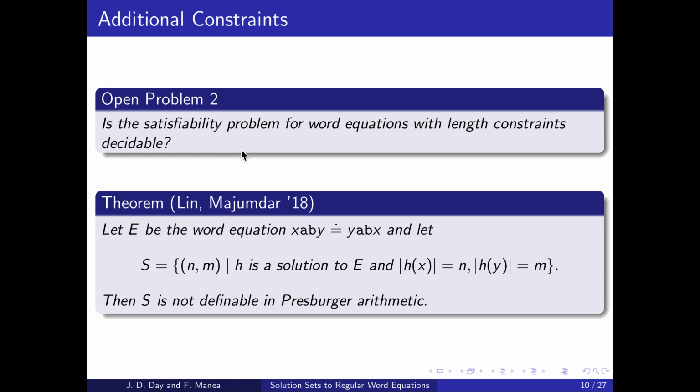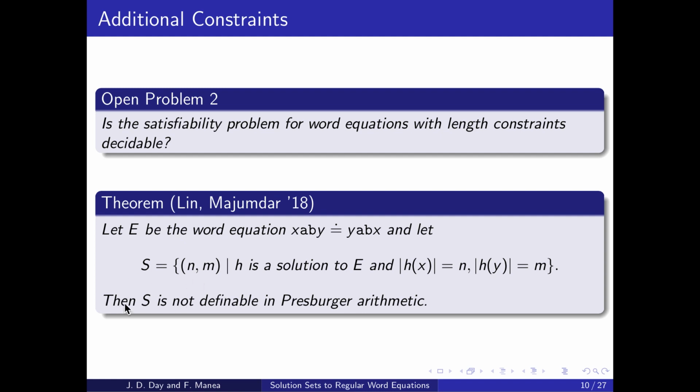So suppose we have the equation E given by x a b y equals y a b x. Then we define the set S of pairs of non-negative integers n and m, such that there exists a solution to E, where n is the length of the image of x, and m is the length of the image of y for that solution. So these pairs are basically describing the lengths of solutions to my equation.